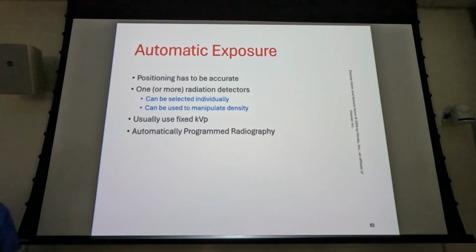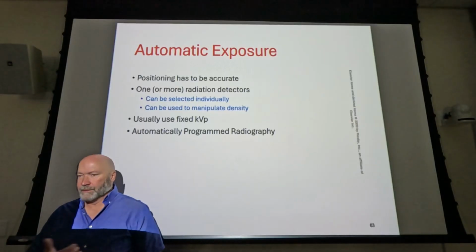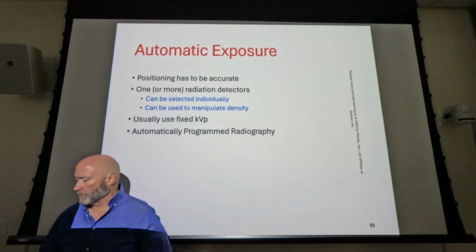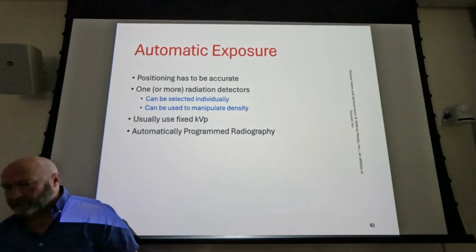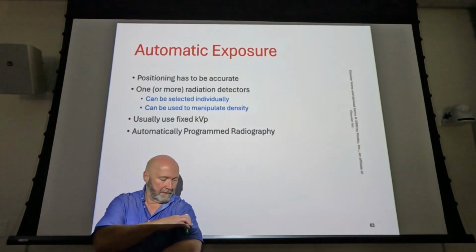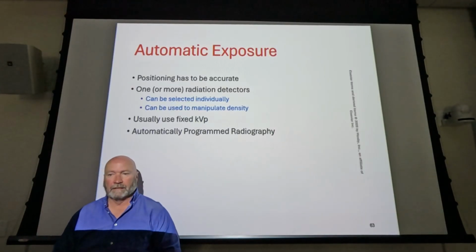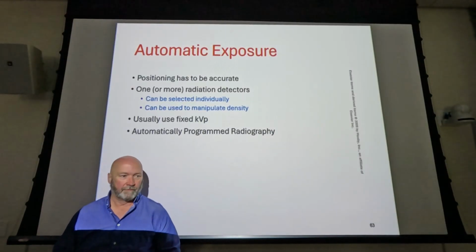So we talked about last semester, for example, if you're taking an x-ray of a humerus, you've got a relatively small bone inside of a fairly large structure, and what do you want to see? You want to see the bone, right?